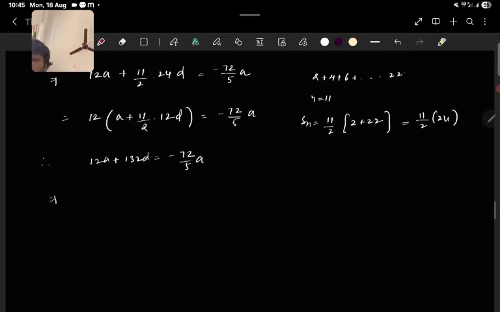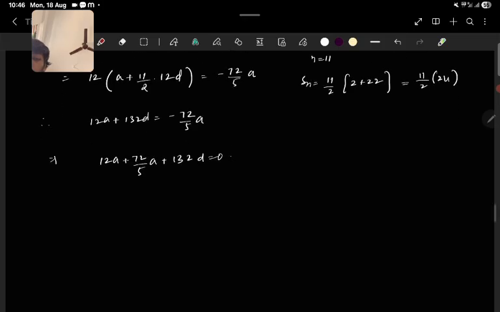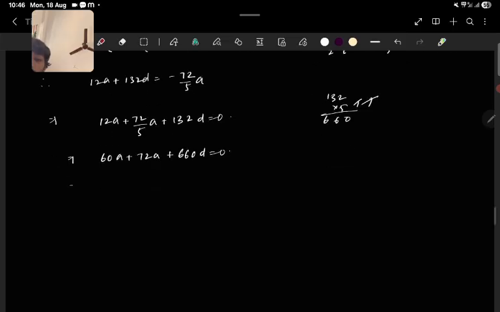If you solve it accordingly, it will be 12a plus 72 by 5a plus 132d is equal to 0. So 60a plus 72a plus 132 into 5, which is 660d, is equal to 0.